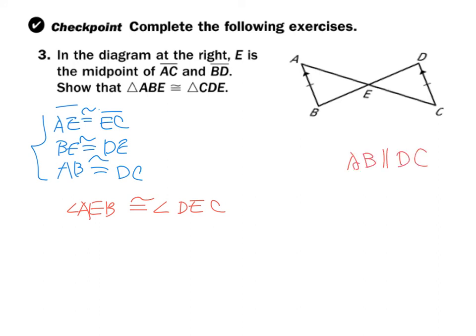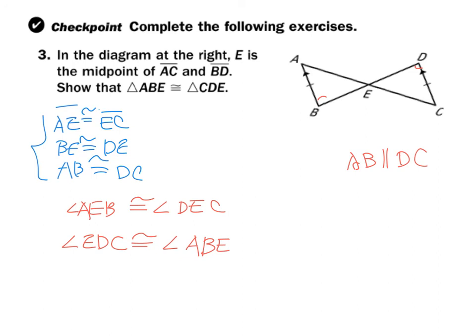When I have two parallel lines, look at these two angles. They are alternate interior, right? So angle EDC and angle ABE are alternate interior angles, and they should be congruent because the lines are parallel. And that's the theorem that we learned in the last unit.